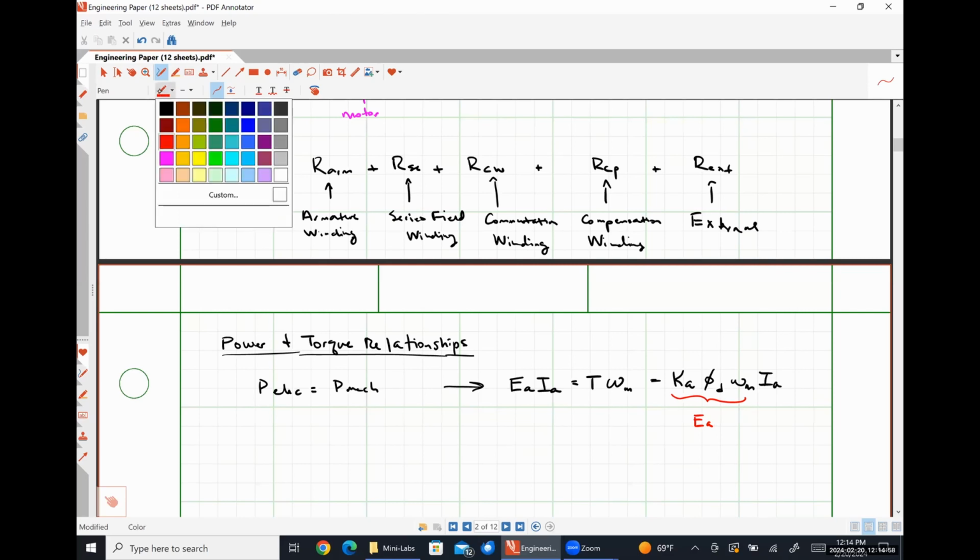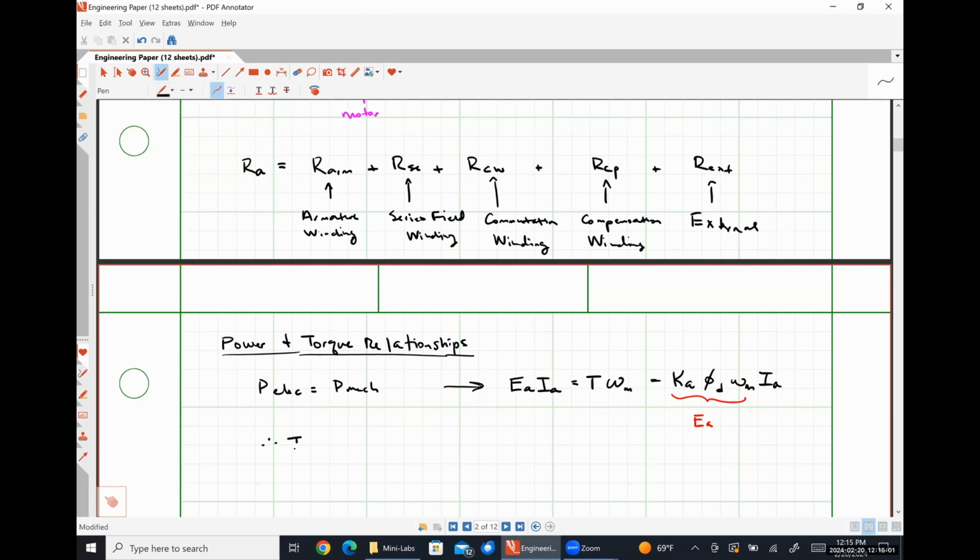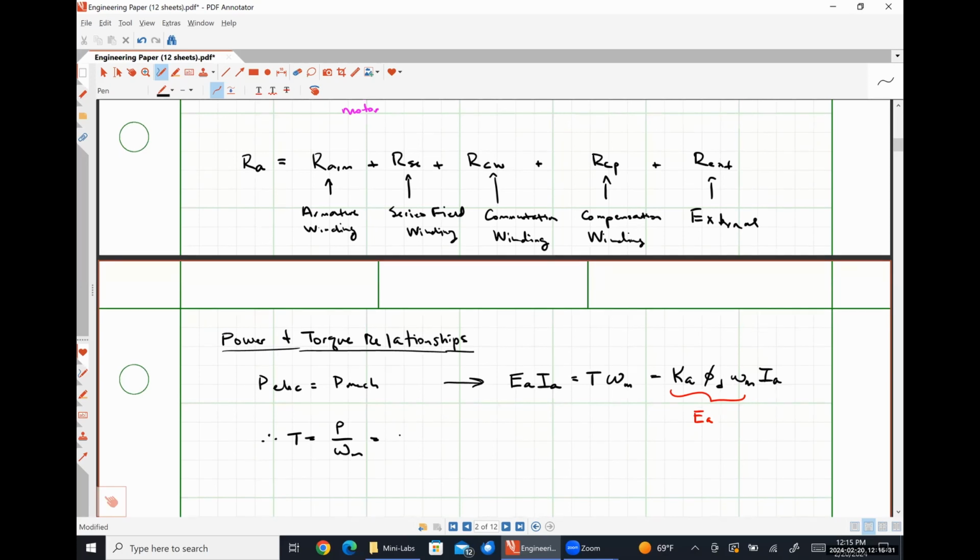So from this, we can divide our power over our angular velocity and find that our torque is simply Ka, our coefficient, times phi d times Ia.